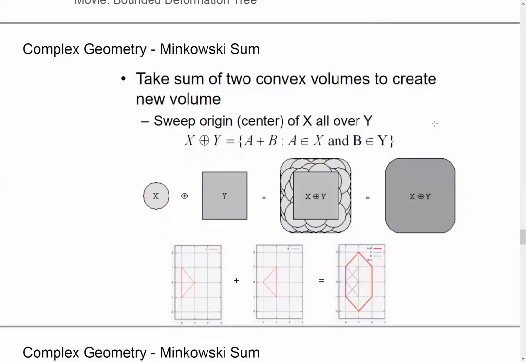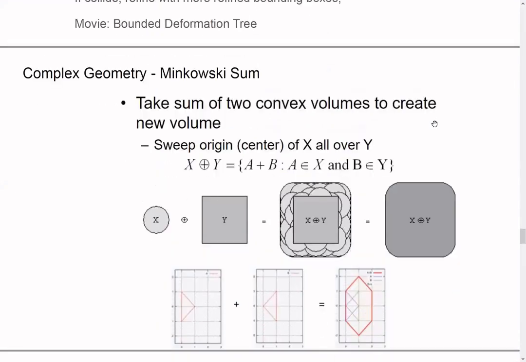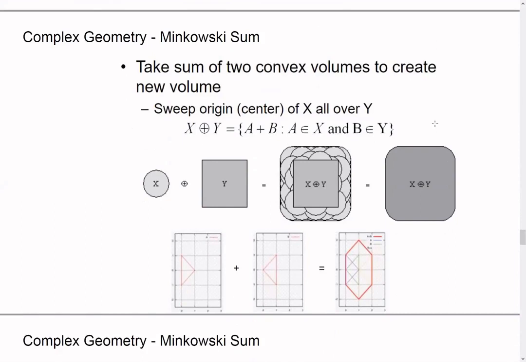Here again, for your knowledge purposes, we have the Minkowski sum. What basically happens is you take the sum of two volumes to create a new volume. So you have x and y. You take the sum of these two volumes to create a new volume x together.